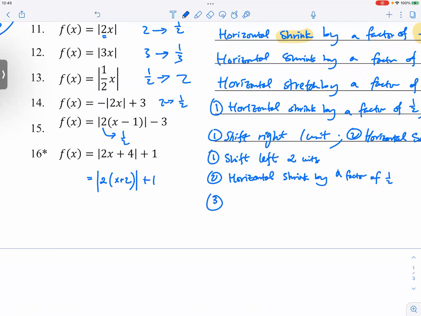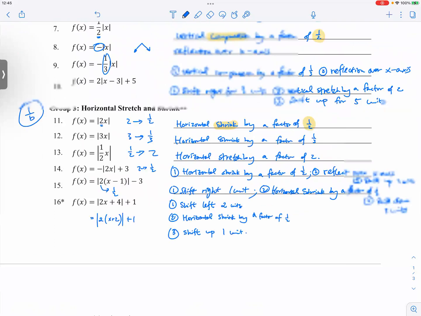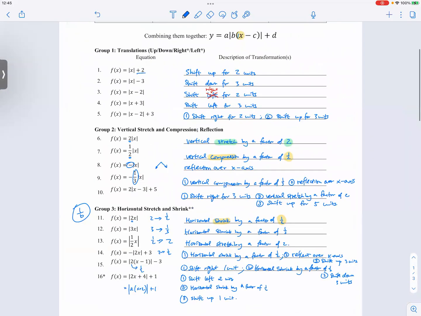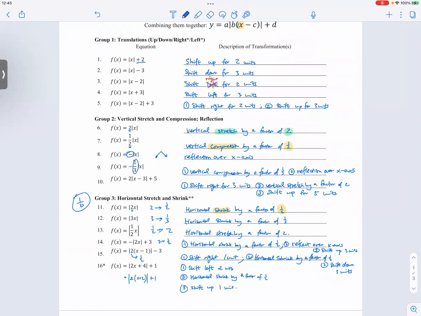And then number 3 would be shift up 1 unit. Hopefully by having all these questions, you can see a strong pattern on how we handle different kinds of situations, so that we can look at other problems like on the back page.